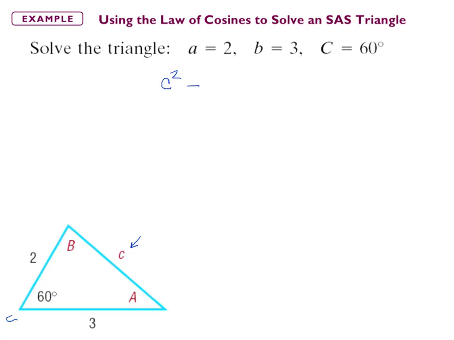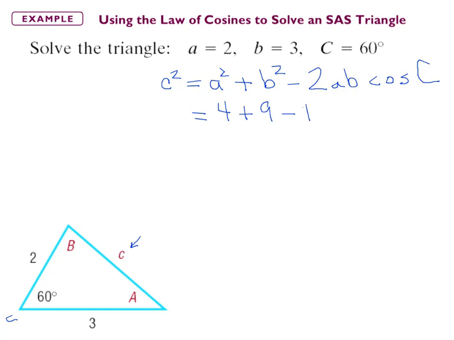So again I say that means that C squared equals the sum of the squares of the other 2 sides minus 2 times the other 2 sides cosine of C. Okay? So let's see, we have C squared equals, well, A squared is 4, B squared is 9, minus 2 times AB, so 2 times 2 is 4 times 3 is 12, cosine of 60 degrees.